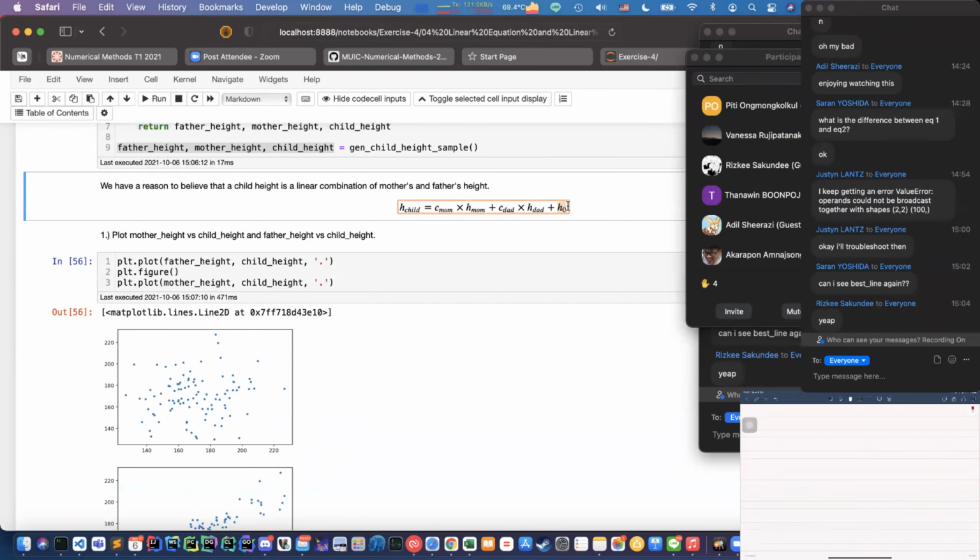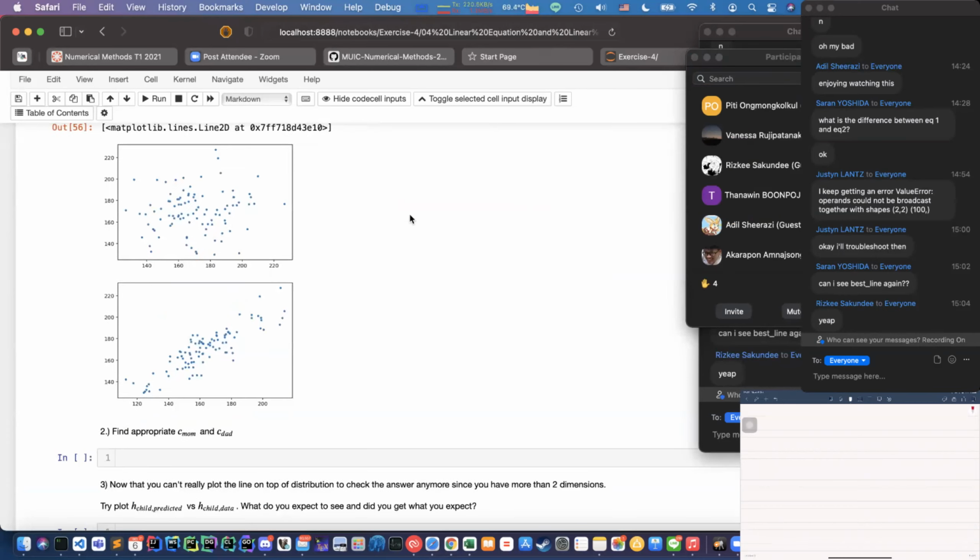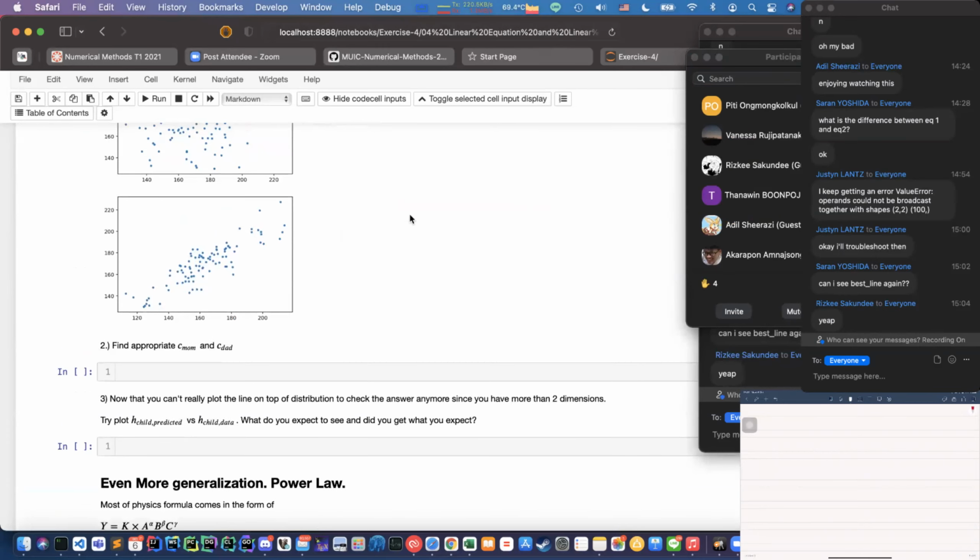And we learned earlier that a good C mom, C dad, and H0 are the ones that give you a good guess for the child height. So you could repeat exactly the same exercise again to get all the C and H0. That's what we're going to do.